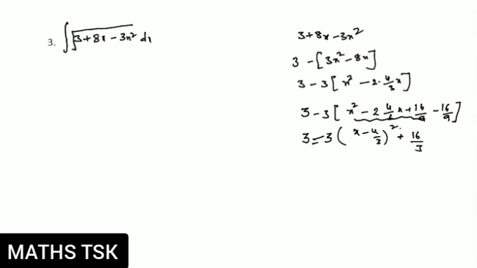Right. Now 3 is there, look here, 3 is there, and then 16 by 3 is there. If you add, it becomes 9 plus 16, 25 by 3. 25 by 3 minus 3 into x minus 4 by 3 whole square.